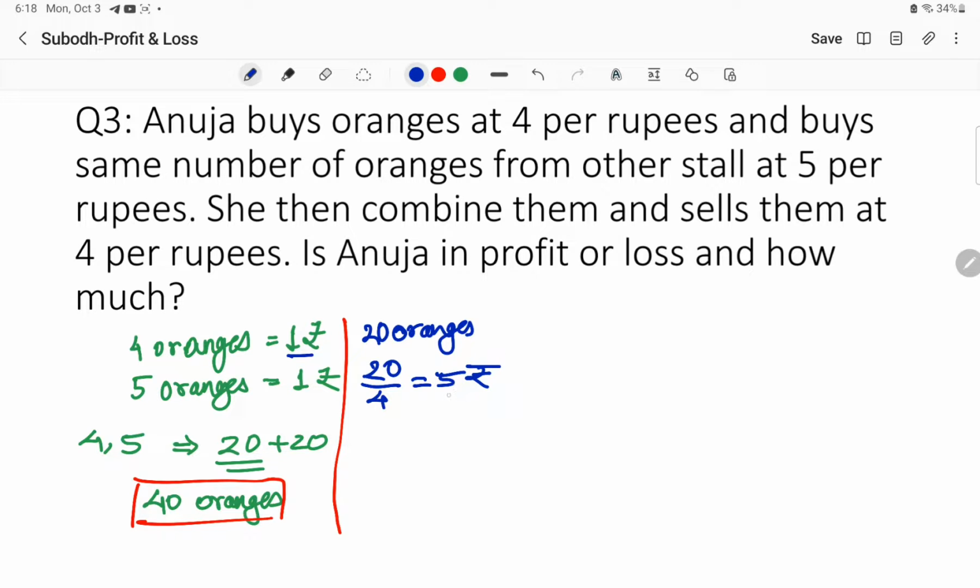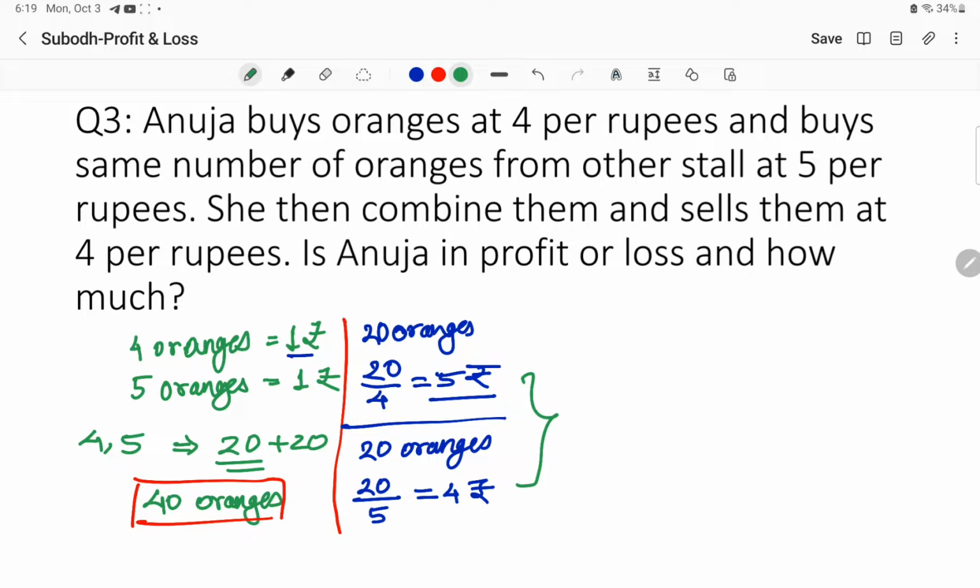From the first shop she bought 20 oranges for 5 rupees, and from the second shop again 20 oranges. So 20 divided by 5 equals 4 rupees. So from here we can see she bought 40 oranges for 9 rupees. 5 rupees plus 4 rupees, you get 9 rupees.